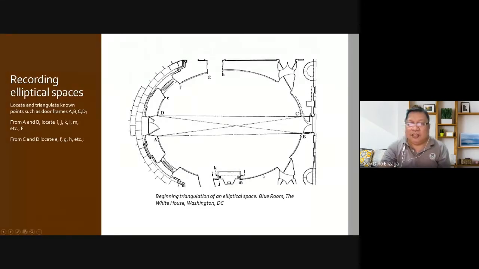Now, if the interior is made up of an elliptical space, you can still use one reference line in the middle. But in this case, since the opening for the doorway is easily known, what was done here was that there were two reference lines.